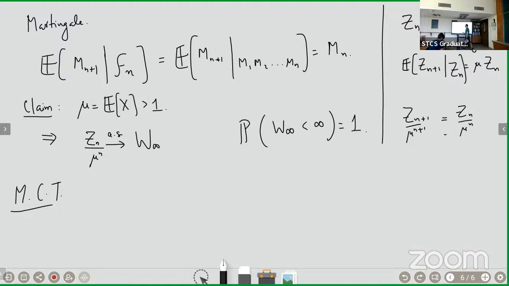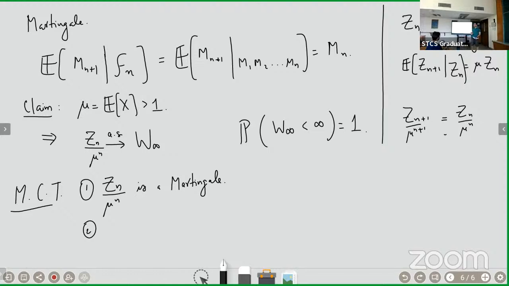So, first notice the property of Z_n over mu to the power n. You also have to see that it's not blowing out. Is this process blowing out?